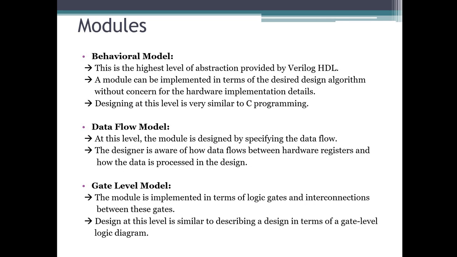Suppose you know an AND gate just does the ANDing. What is behavior? If A is equal to 1 and B is equal to 1, then it will produce some output. So you know this is the condition where it will give the value 1. According to that behavior, you can write code in the behavioral model. How we are going to write the code, we'll see in the upcoming slides.